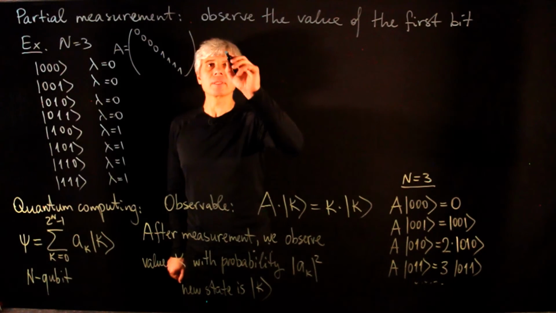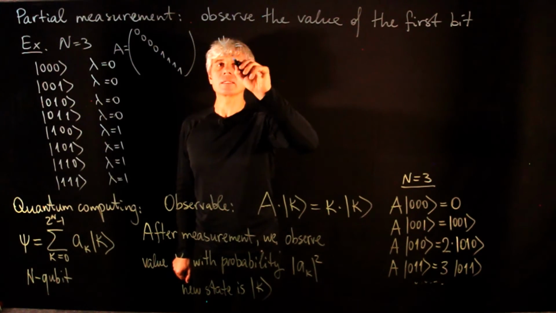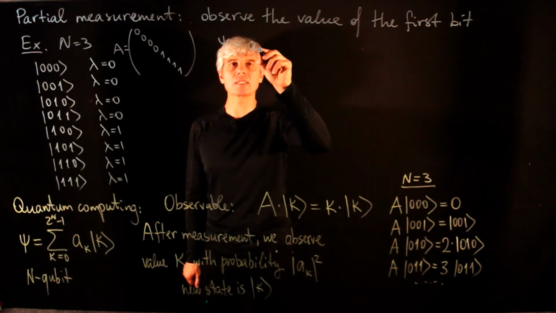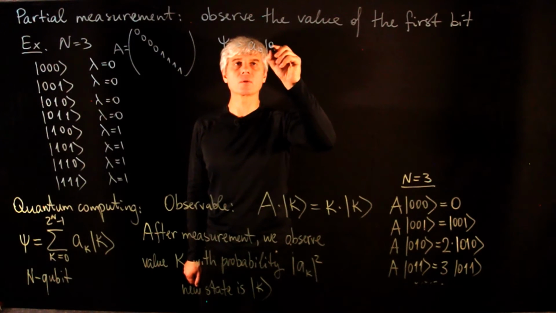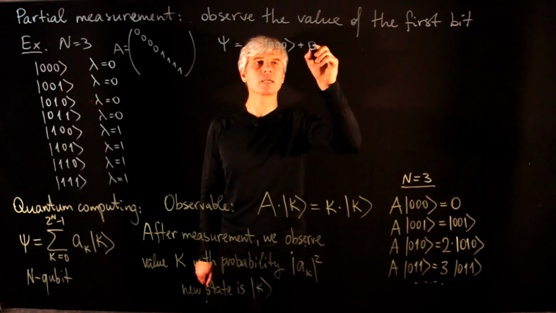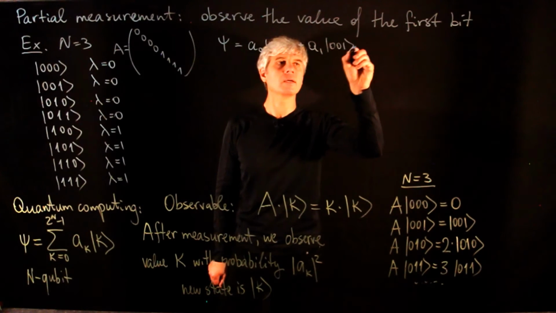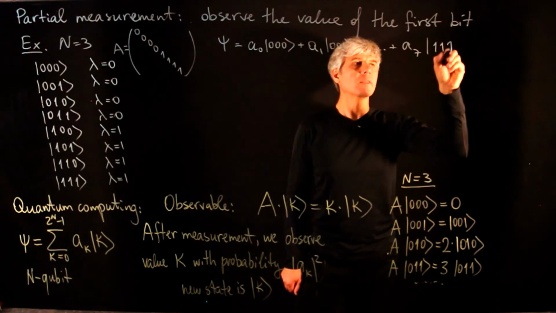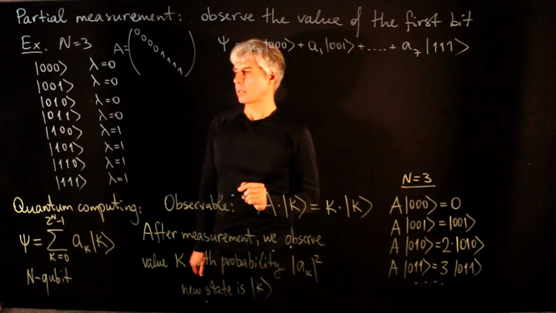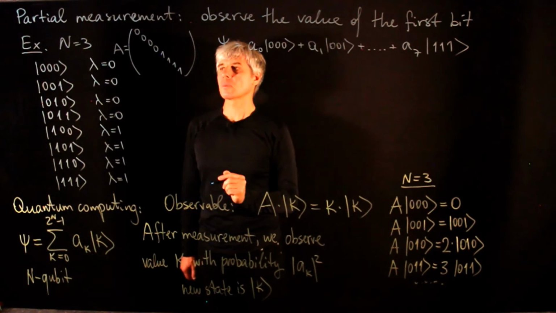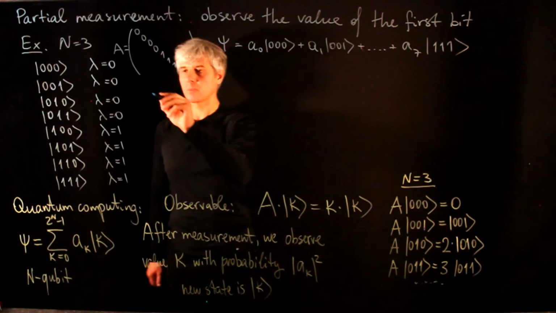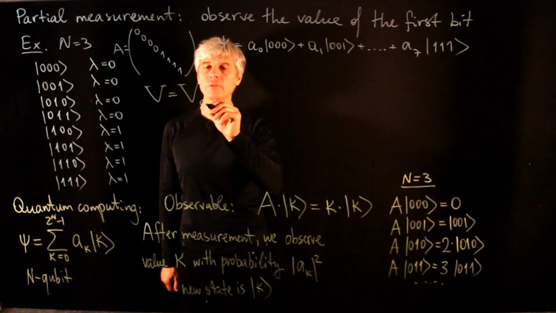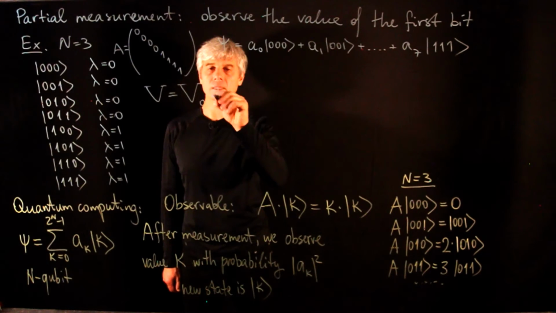Now, what will happen if our state is just a general state here? Suppose it's A0 times 000 plus A1 times 001 plus up to A7 times 111. So in this case, our space decomposes as a sum of 2 4-dimensional subspaces.